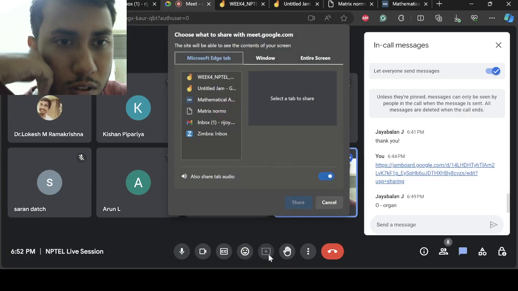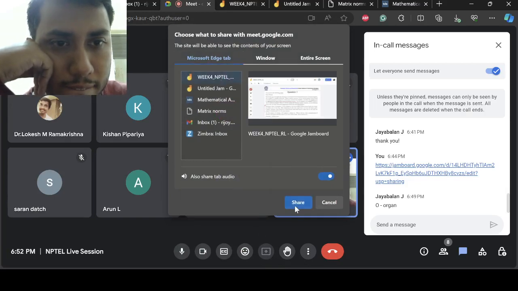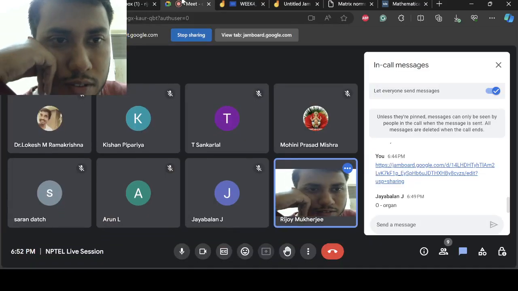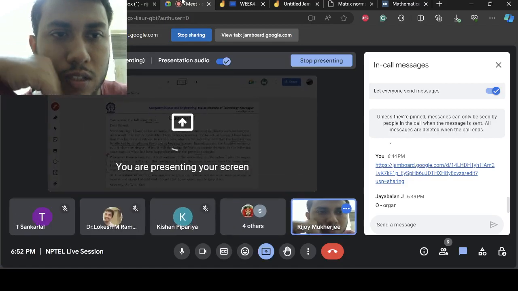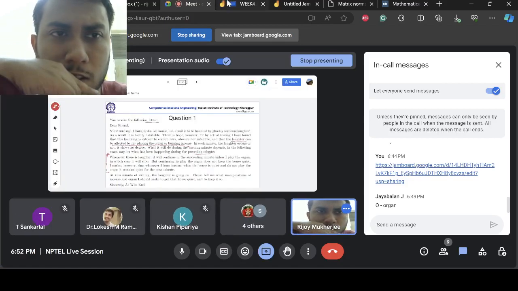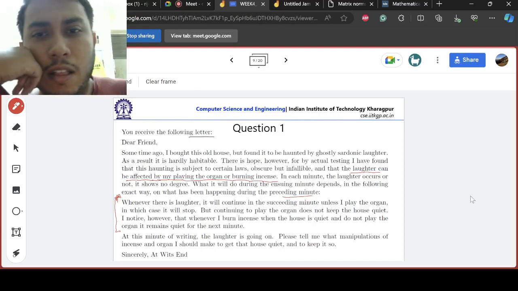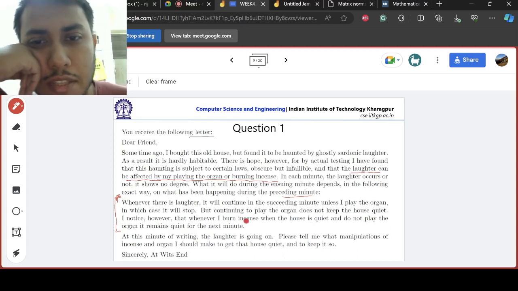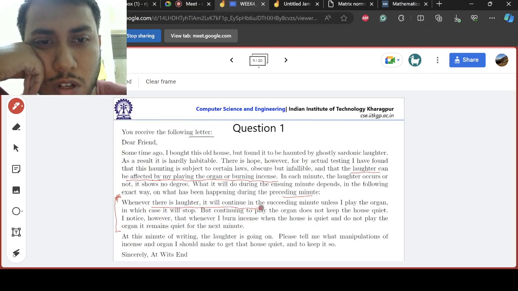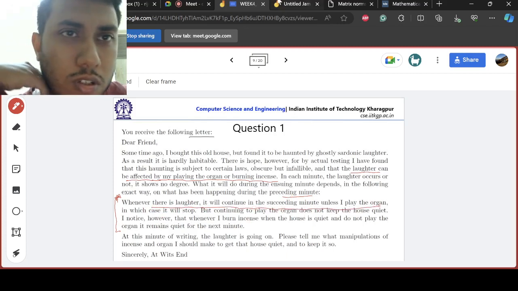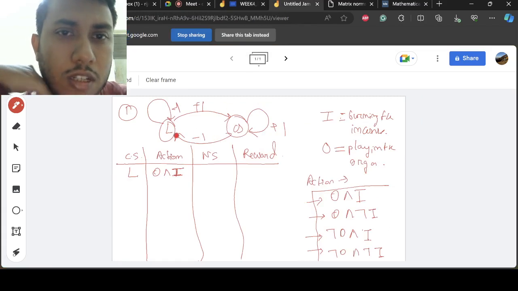This says when there is laughter, it will continue in succeeding minutes unless I play the organ. When they play the organ, it jumps from this state to this state.